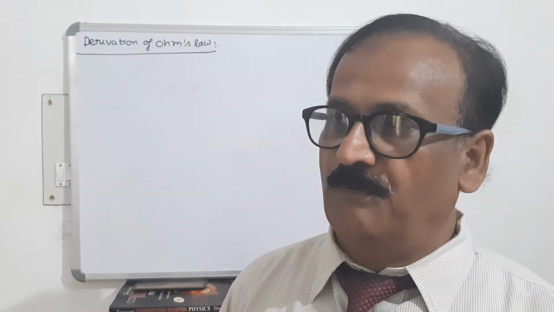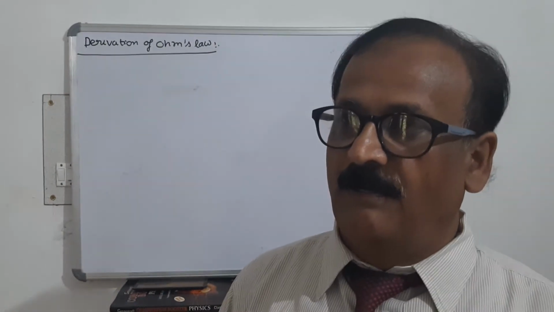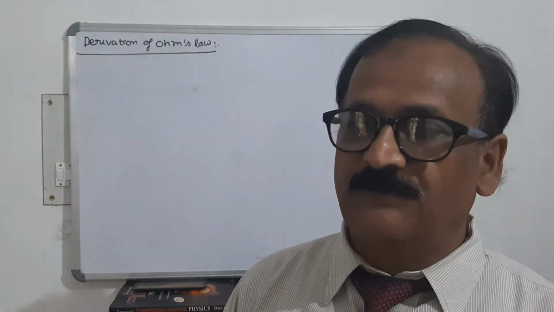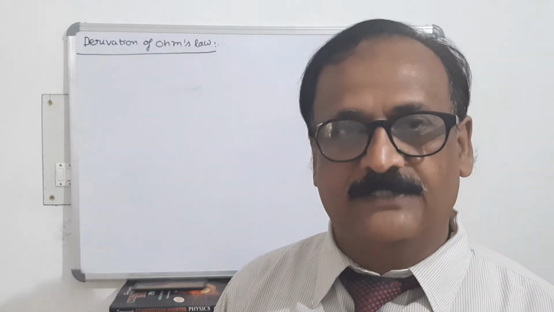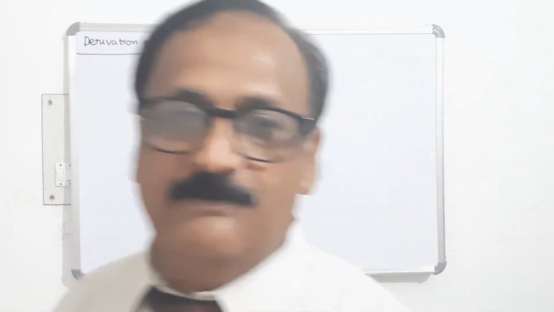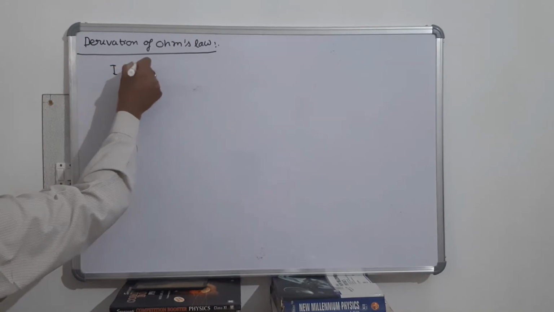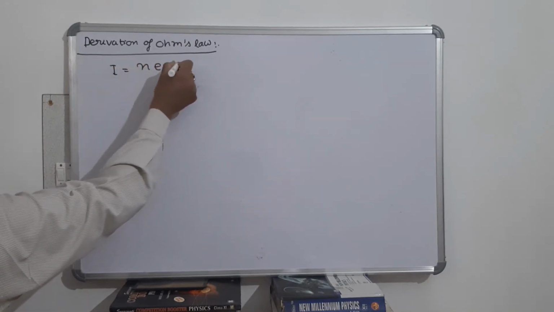So students, up till now we have learned about Ohm's law, about resistance and resistivity. Now I will prove Ohm's law by using the relation between drift velocity and electric current. You know that the relation between drift velocity and electric current is given by I is equal to n e A v_d.